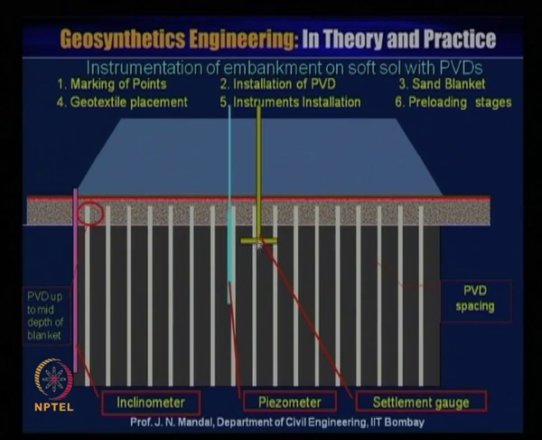This is the PVD spacing, and this is the inclinometer, and the PVD goes up to the mid depth of the blanket. You should provide the mid depth of the blanket. Here is the blanket, so at least the prefabricated vertical drain should reach the mid depth of this blanket.